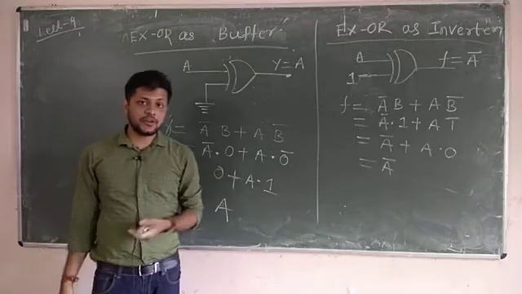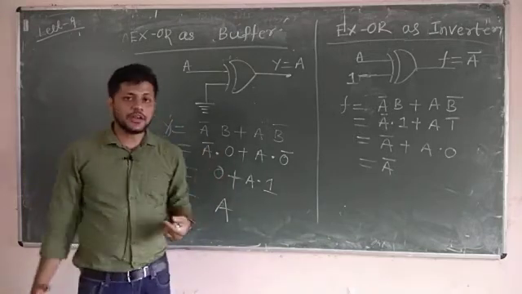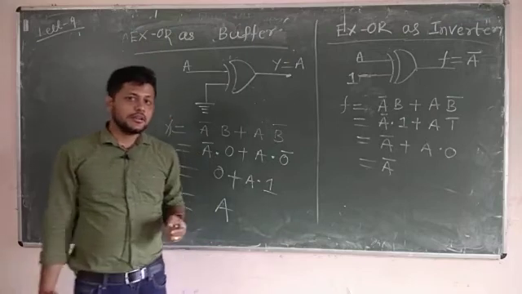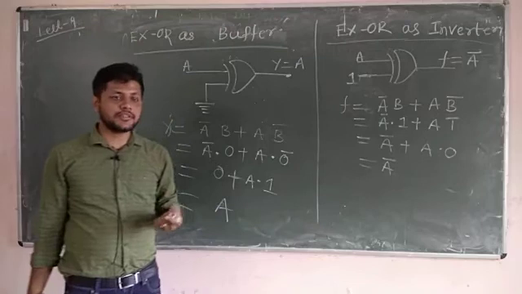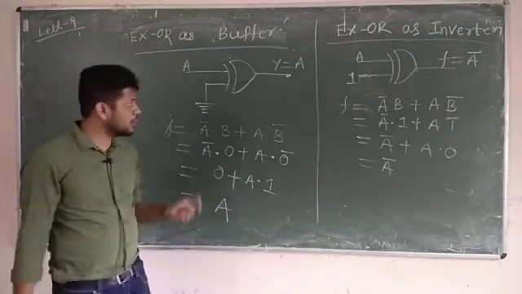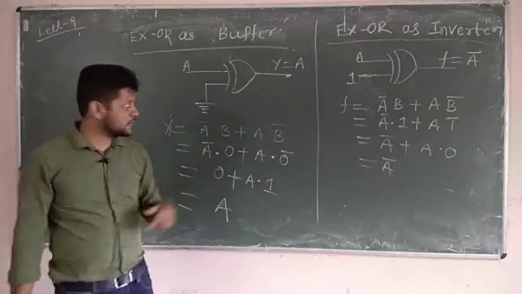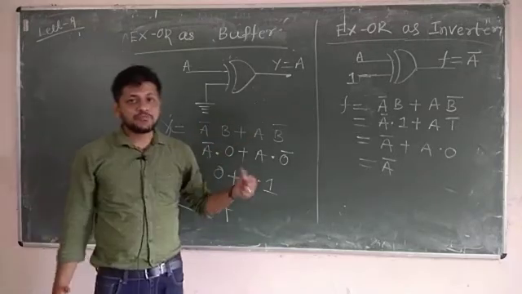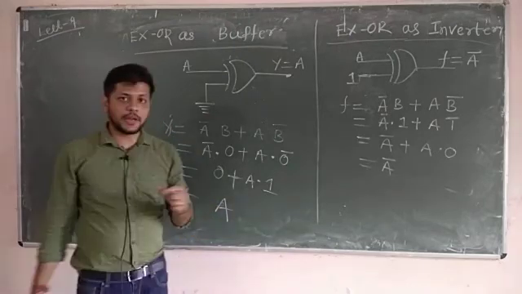This is the basic concept, and that's why I am teaching very slowly and in detail. After the basic logic gates, basic Boolean algebra, number systems and Karnaugh map are over, we will somehow speed up our teaching in order to complete the entire syllabus, because we have some time constraint.